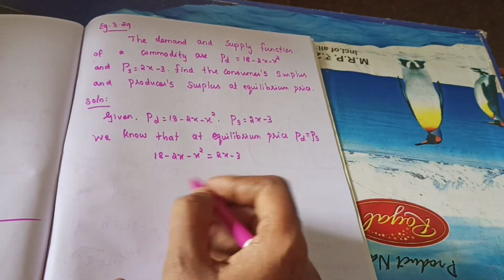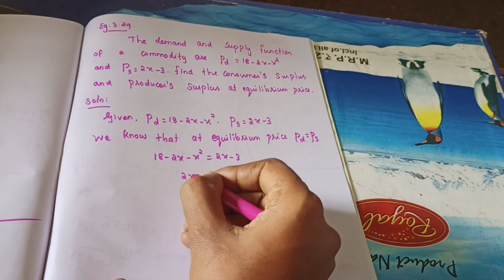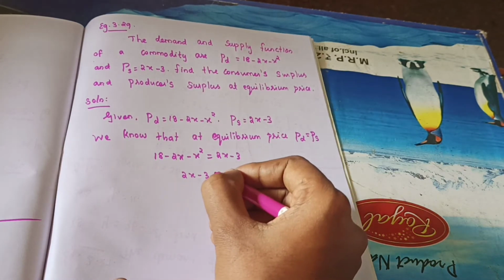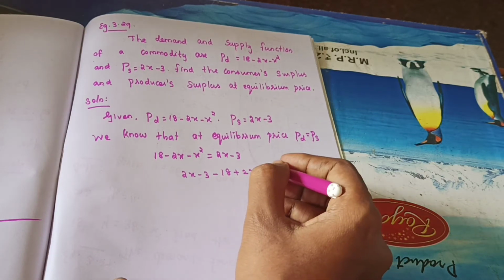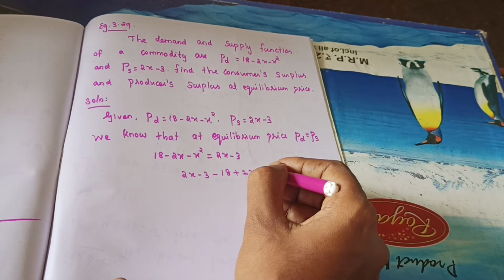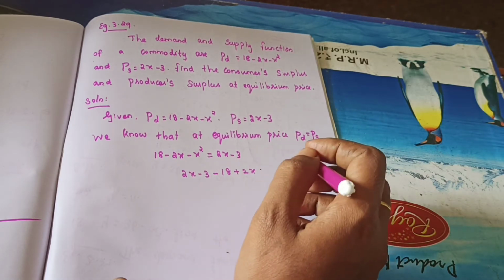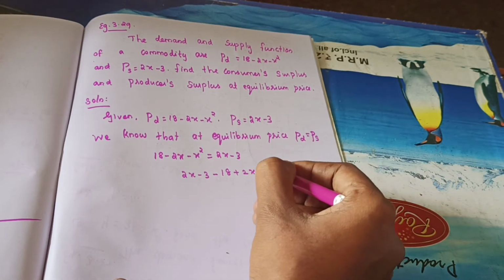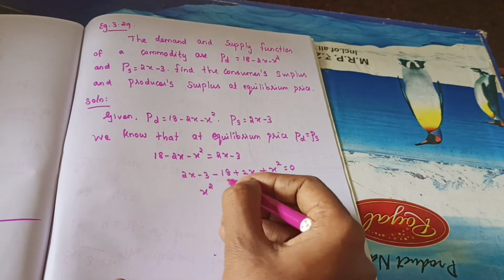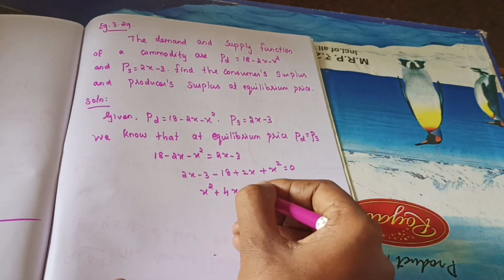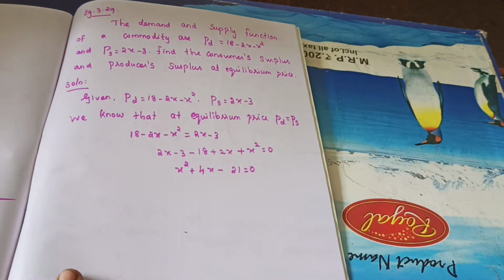Bring all the terms to one side: 2x minus 3 minus 18 plus 2x plus x square equal to 0. Rearrange: x square plus 2x plus 2x means 4x minus 21 equal to 0. It's a quadratic equation. We will factorize.